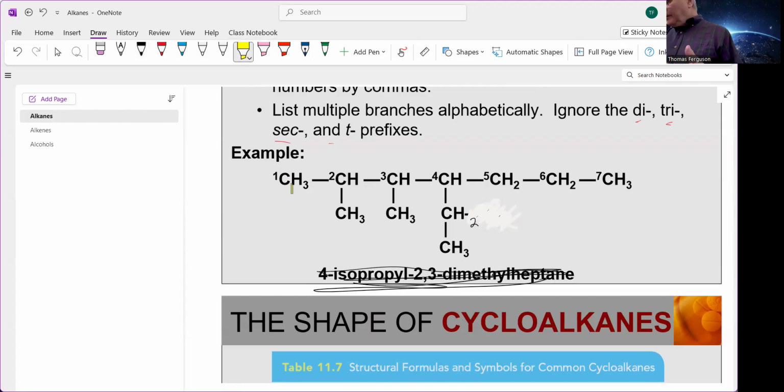There's a lot of different ways to draw this. The way it's laid out looks like it's the best. And remember, when we draw the backbone, two numbering systems. We have the black ones right now, and we have the red ones. Okay, so that's a 7-carbon backbone.